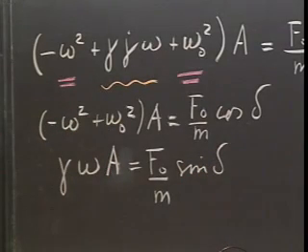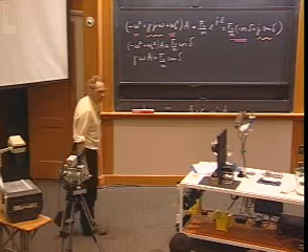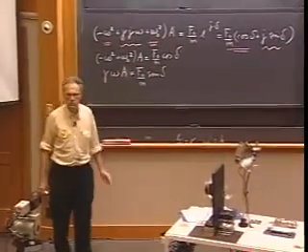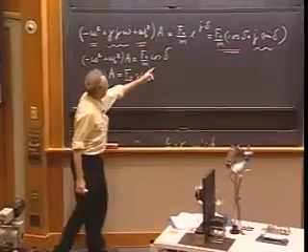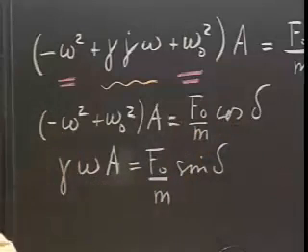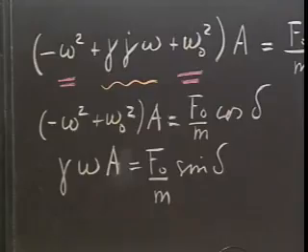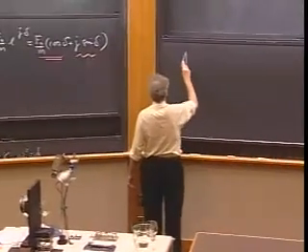Two equations with two unknowns, A and delta, and they're easy to solve. If you square them, then you get sine squared delta and cosine squared delta. You add them up, that's 1. And so that immediately gives you what A is.